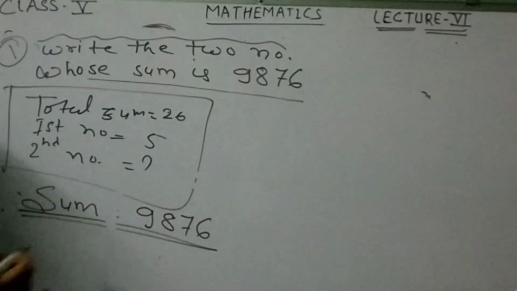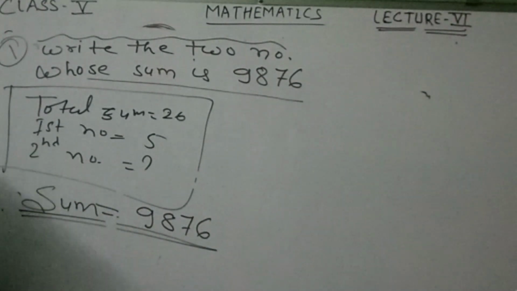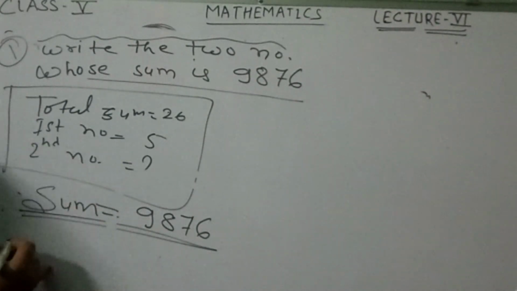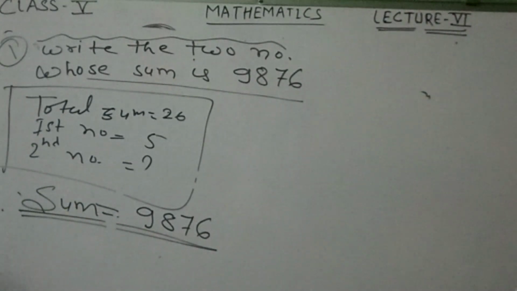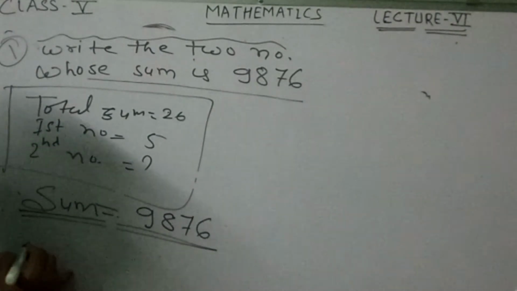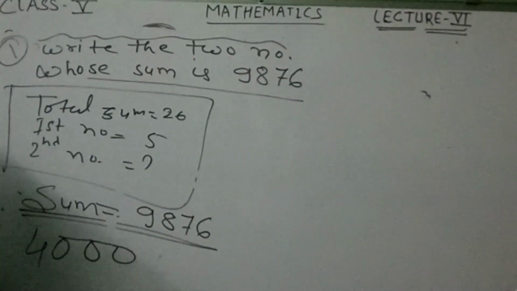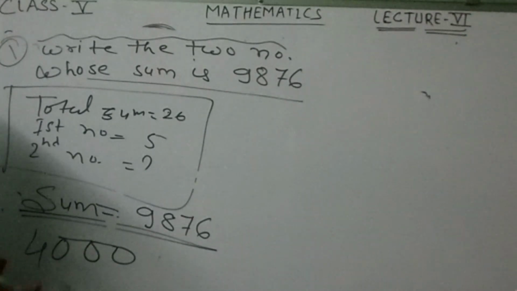So different answers will come. According to what you assume, we can write different numbers here. Suppose we write the first number 4000.